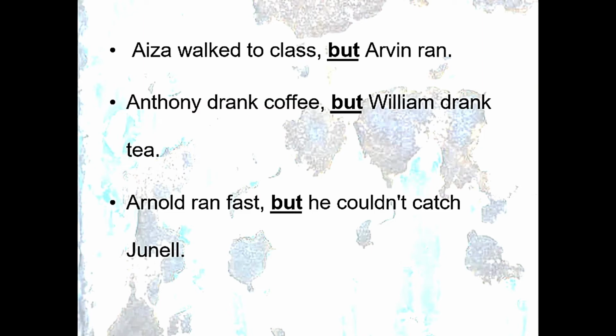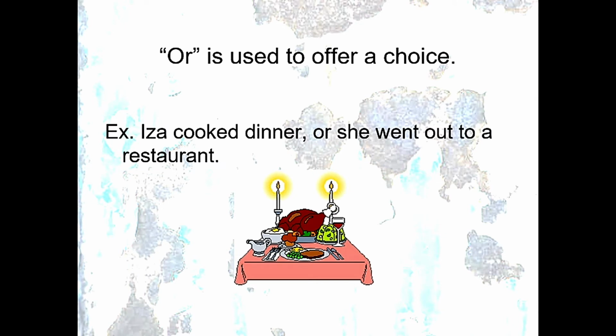Okay? Let's have our third conjunction, or. Or is used to offer a choice. Example, Isaac cooked dinner, or she went out to a restaurant. Another one, she is going to the movies, or she is going to the mall.